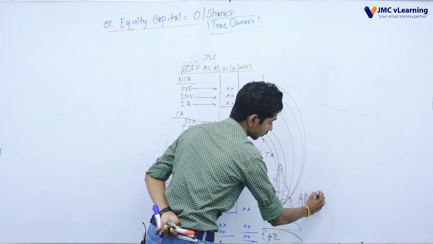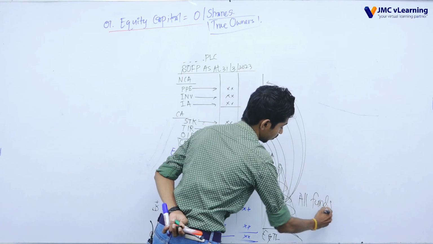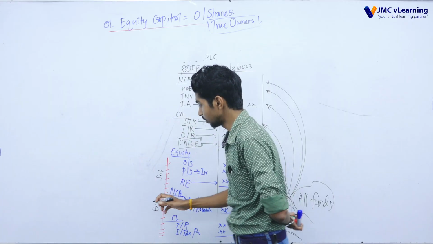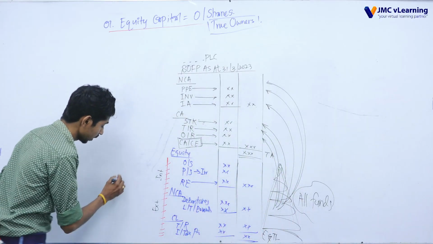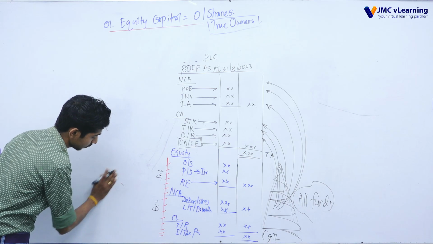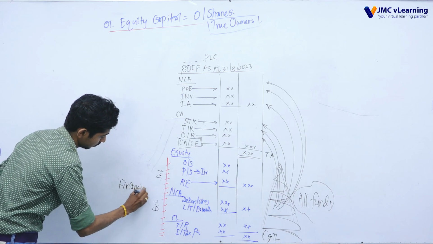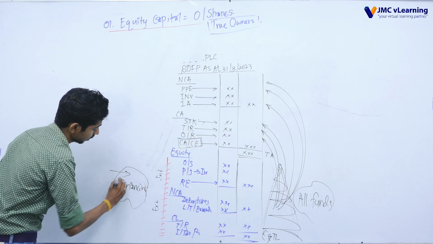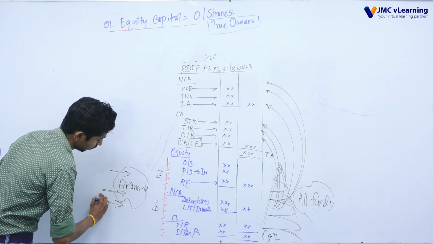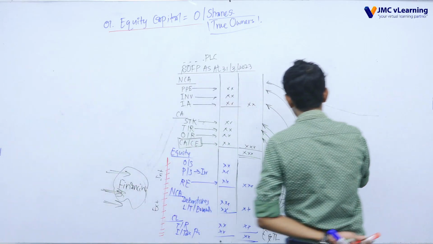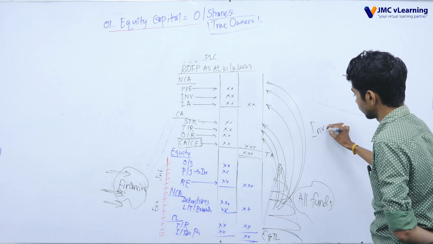All the funds available, then I can distribute. This is the investing. That is the financing method. This is the financing. That is the method to bring the cash. Then these are the investment.